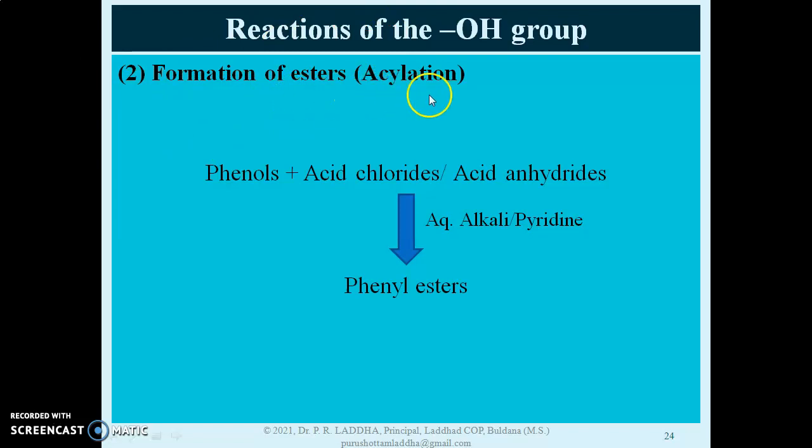It is also called the acylation reaction. When phenols are treated with acid chlorides or acid anhydrides in presence of an alkali like pyridine, that will give phenyl esters by this acylation reaction.